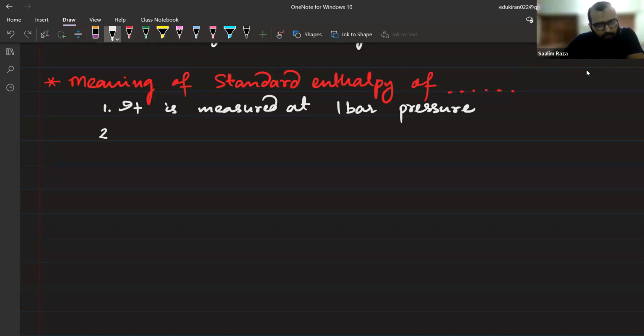Next thing, it is very important. Second point is very important. Temperature can be anything.